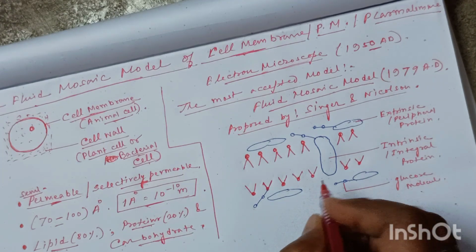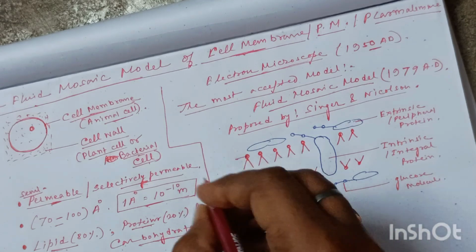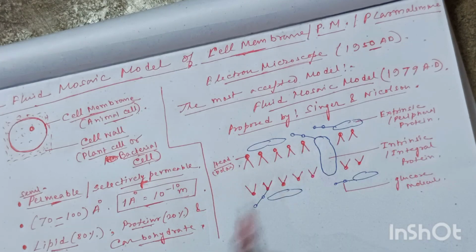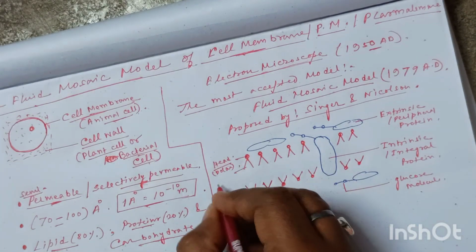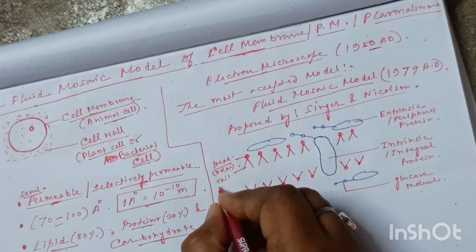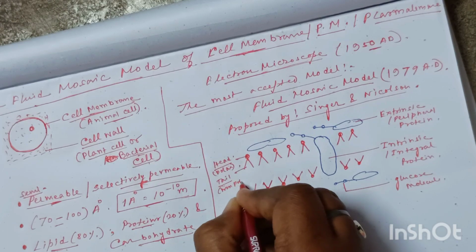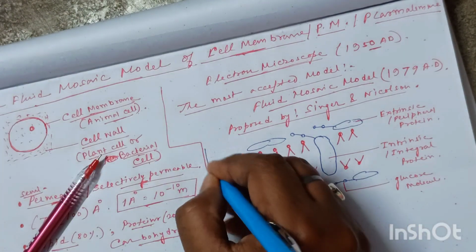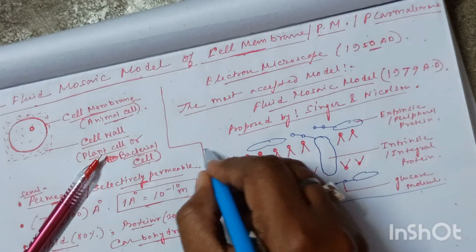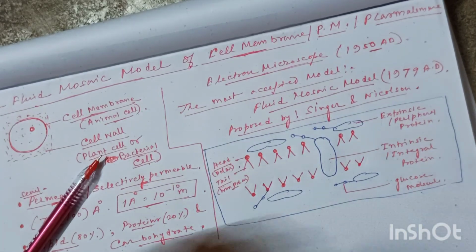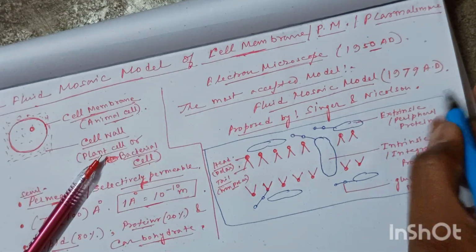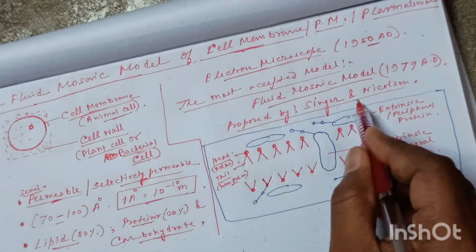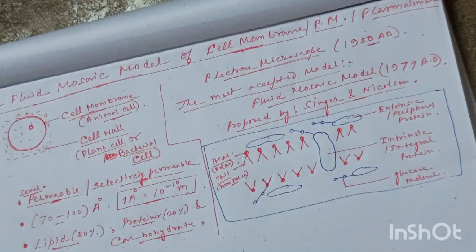And this is the head part of a lipid molecule, which is polar in nature, also hydrophilic. And this is the tail part of a lipid molecule, which is non-polar in nature and also hydrophobic. So it is the general structure of the Singer-Nicholson model in a diagrammatical view. Before coming to the fluid mosaic model, we need to discuss another model.